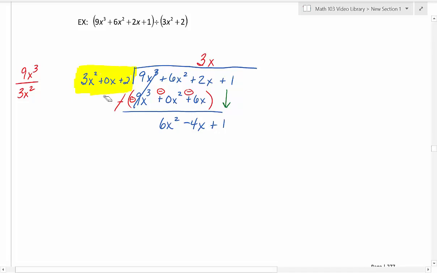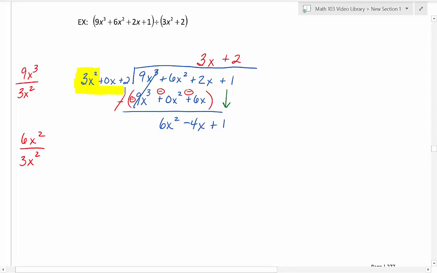All right, we're ready to divide again. First term of our divisor into the first term of our new dividend. 3x squared goes into 6x squared a positive 2 times.